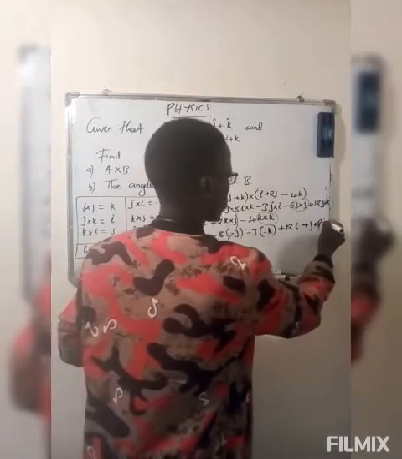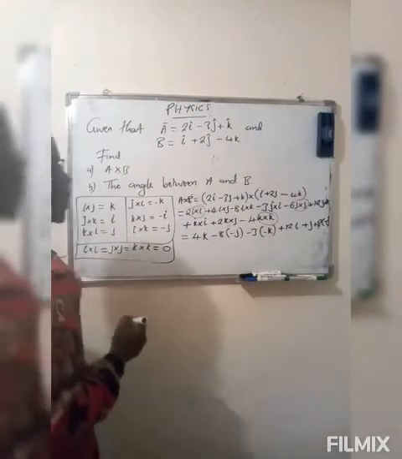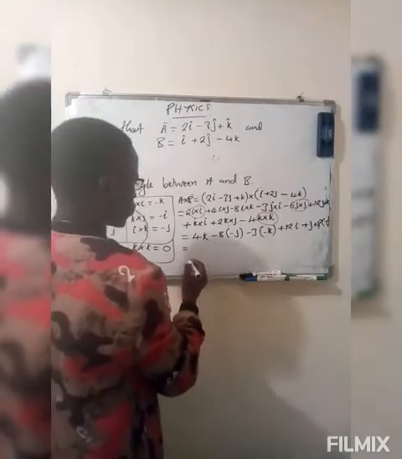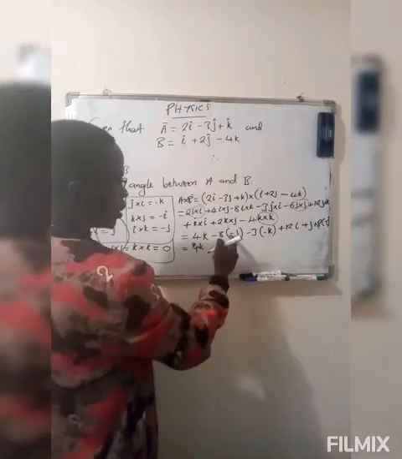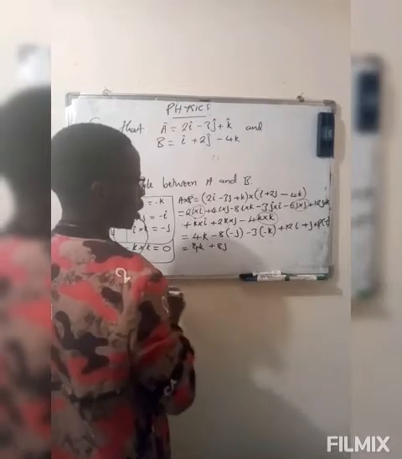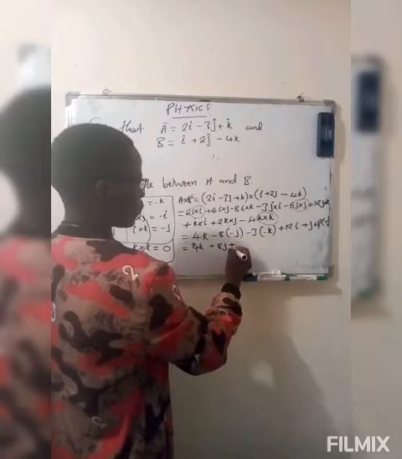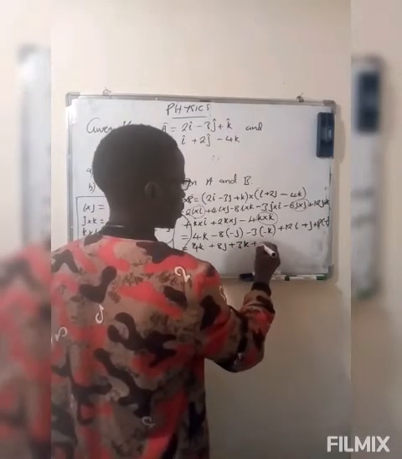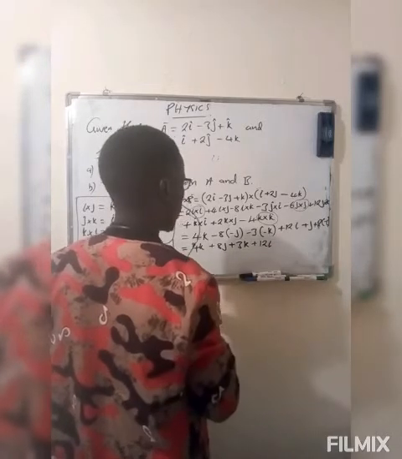Okay, then let's go ahead and simplify that. So this is going to give us 4k, and then negative and negative, that's a positive, so plus 8j, and then negative and negative, that's a positive, so we have positive 3k, and then we have plus 12i, and then we have plus j, then minus 2i.